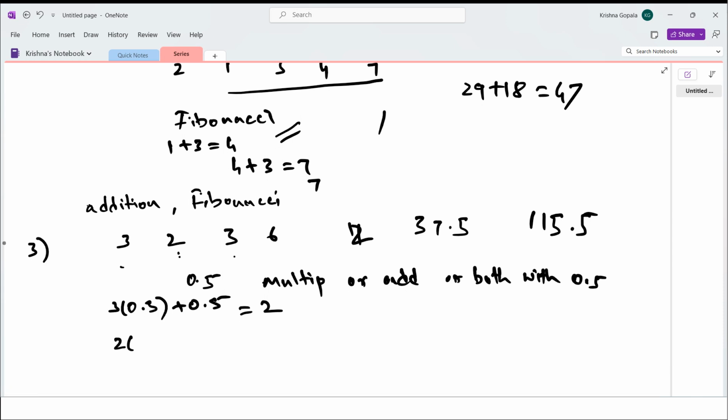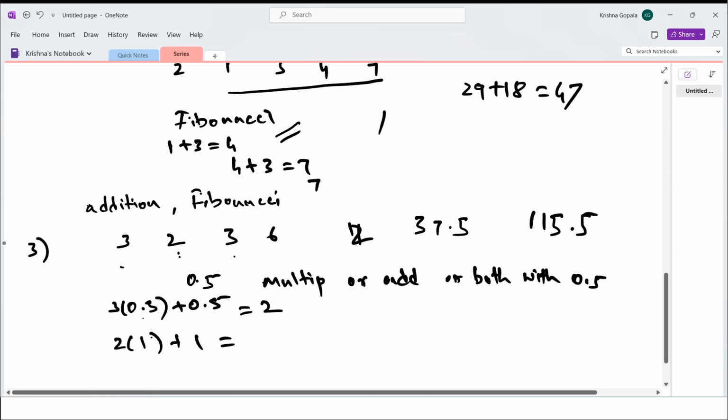Otherwise, there is no way to make 2 as 3, or 2 into 2 minus 1. There are various ways to make 2 as 3, right? 2 square minus 1, or 2 into 1 plus 1, or 2 into 2 minus 1, like this. But in this case, we want some multiplication and some addition. So 2 into 1 plus 1 is becoming 3.